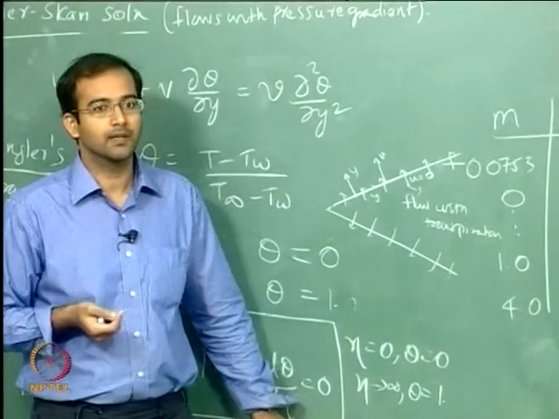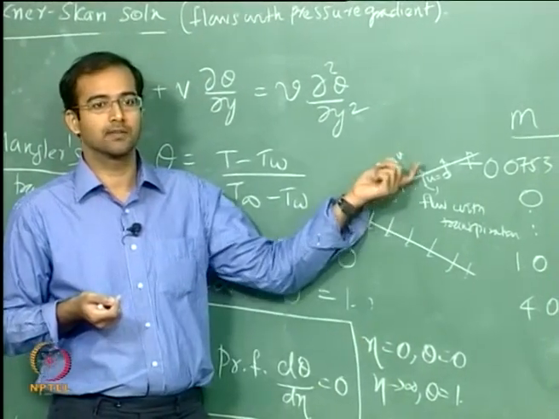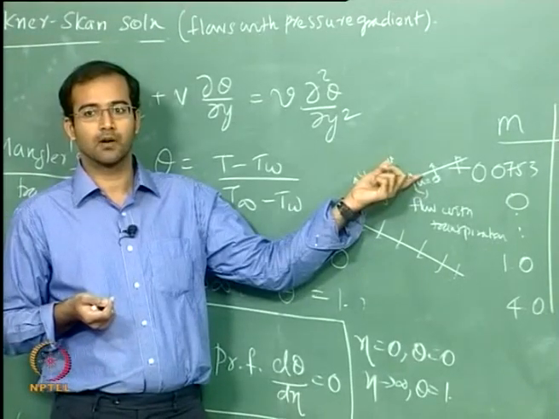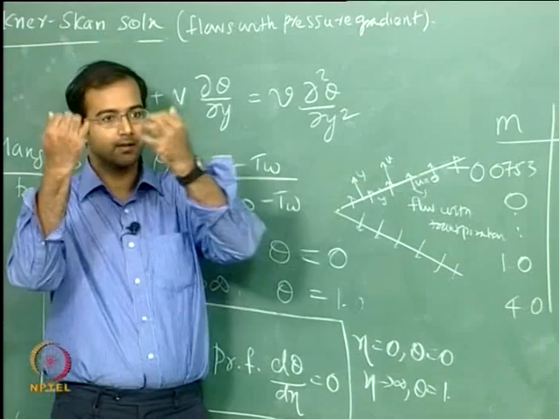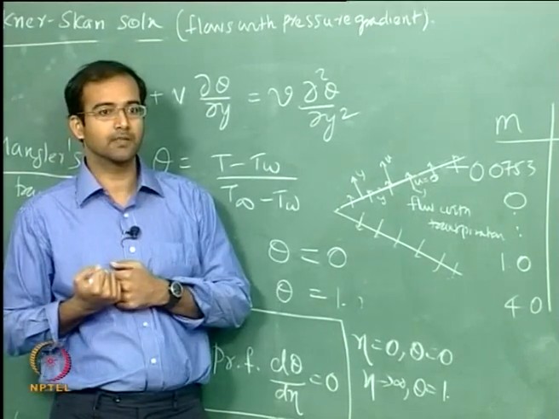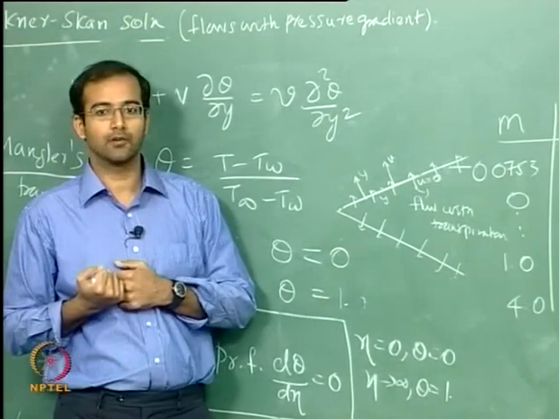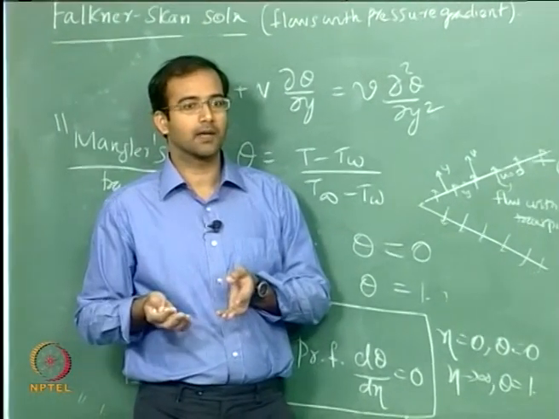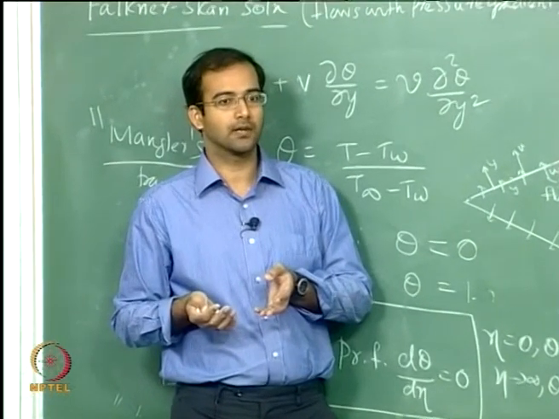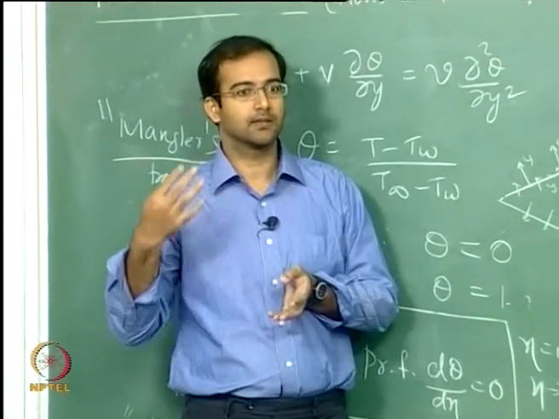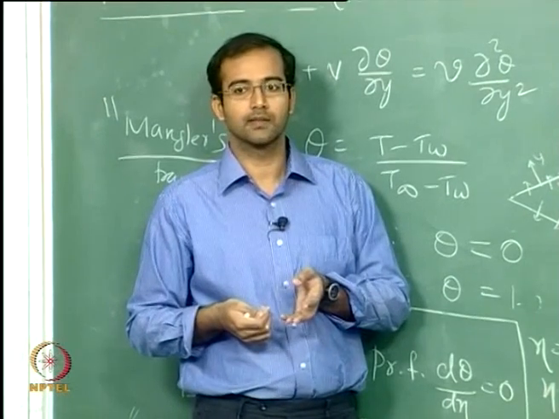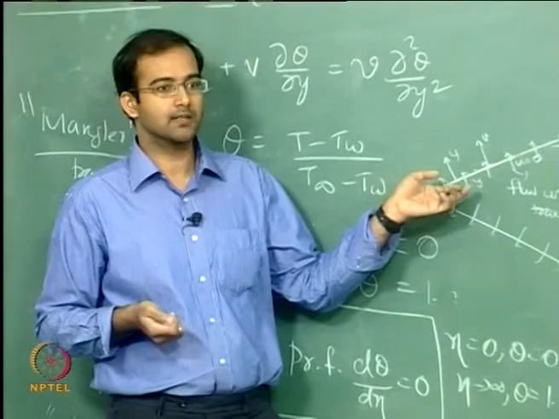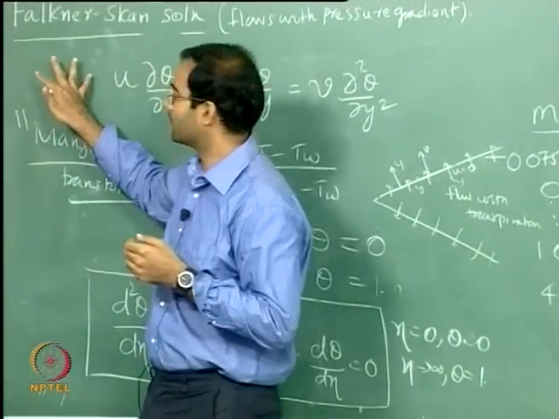You can blow some small velocity in order to control the separation point, or if you have a massive separation, you can suck the separation bubble by means of flow suction, and therefore avoid separation. Typically in airfoils, you can do this kind of flow to control the drag and stalling of the airfoil and so on.